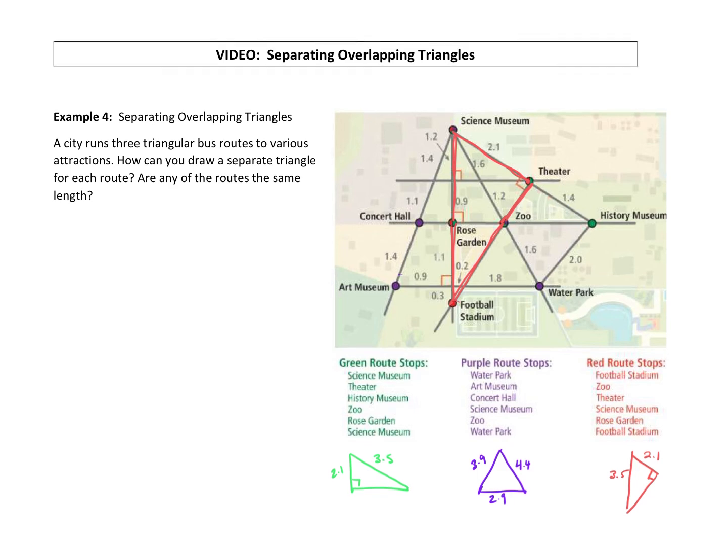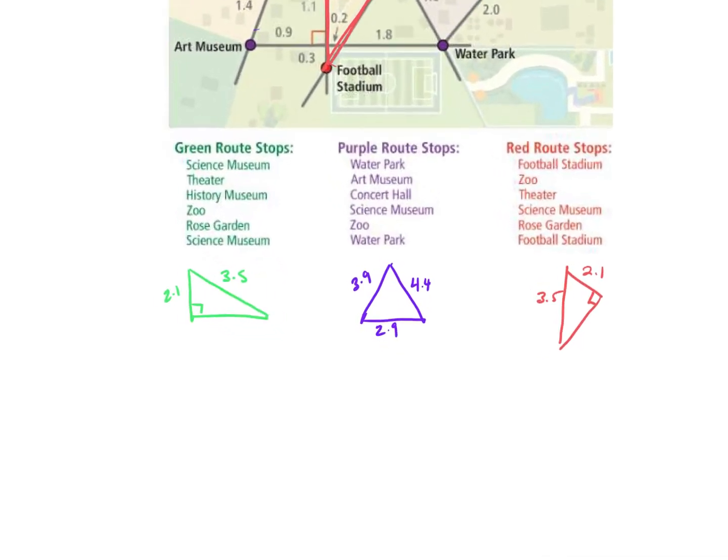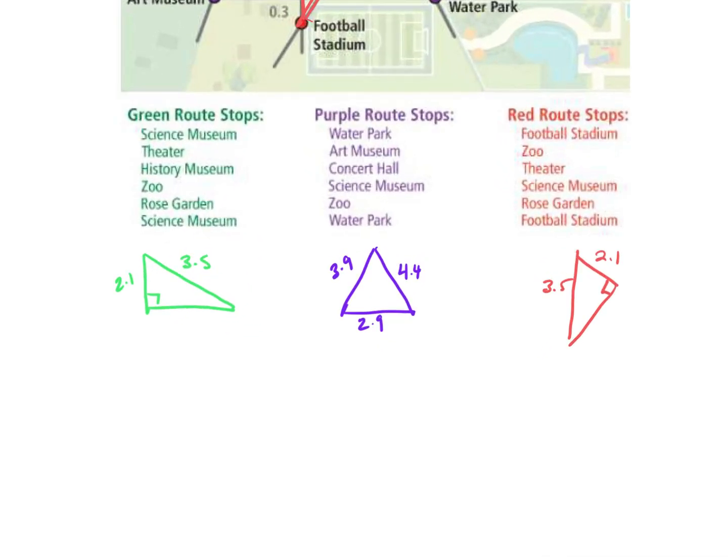So of course we get to apply something that we learned in this chapter. If we look at our routes over here, here's a right triangle, here's a right triangle. When you have right triangles, if the hypotenuse is congruent and one of the legs are congruent, you have congruent triangles by the HL postulate. So let's check to see if we have any congruencies.